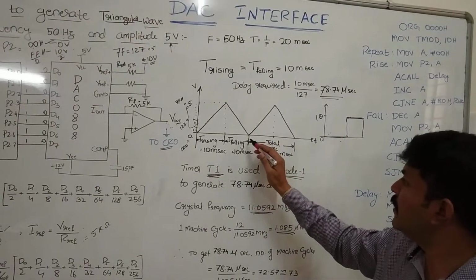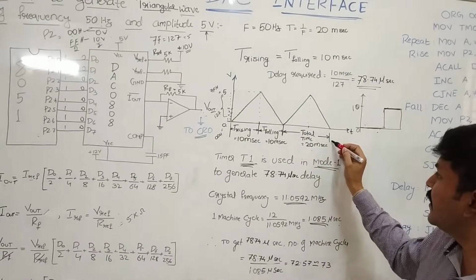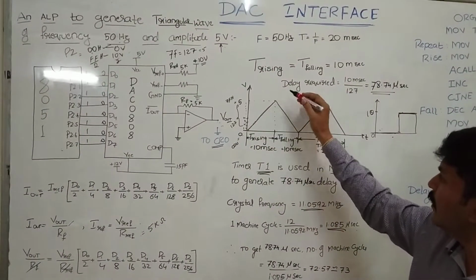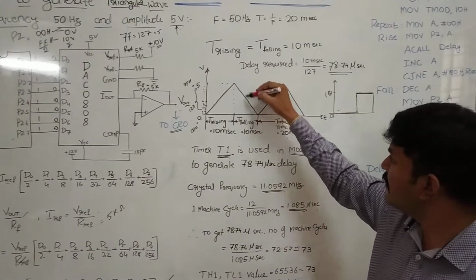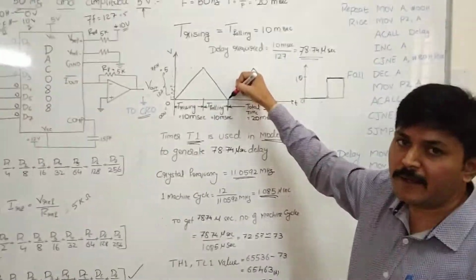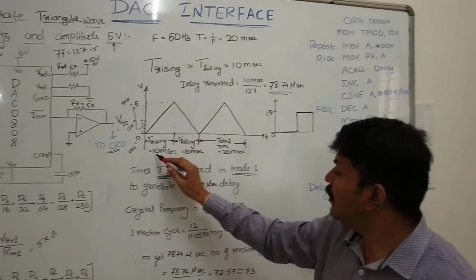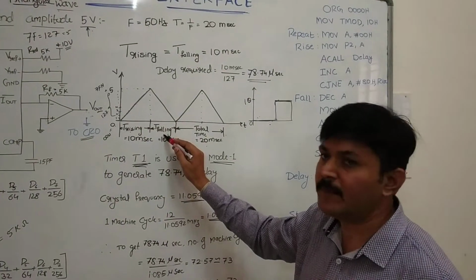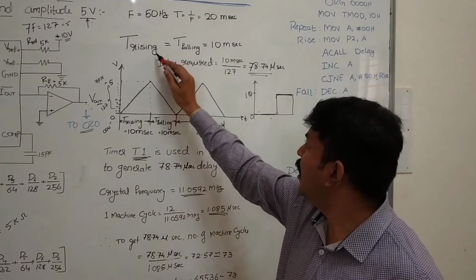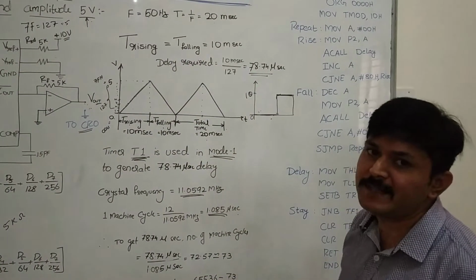As you can see, in this complete time of 20 milliseconds, there is a rise time and a fall time, or we can say there is a rising edge and a falling edge in a triangular wave. I will divide this equally between the two, so the rising time and falling time are each 10 milliseconds.